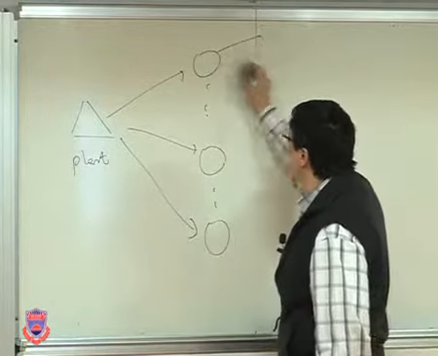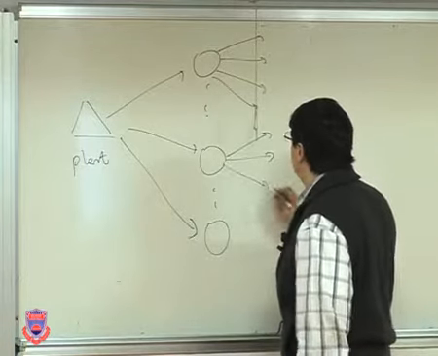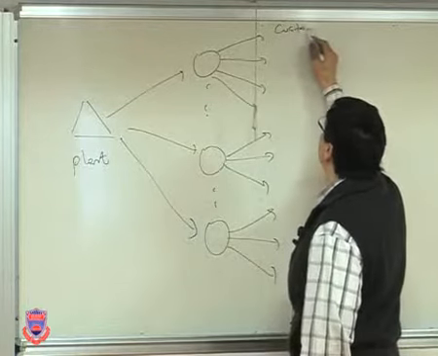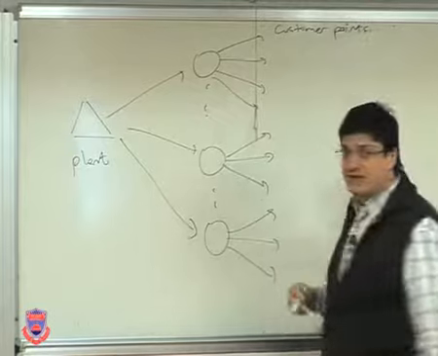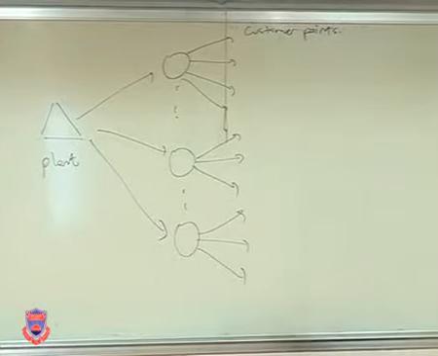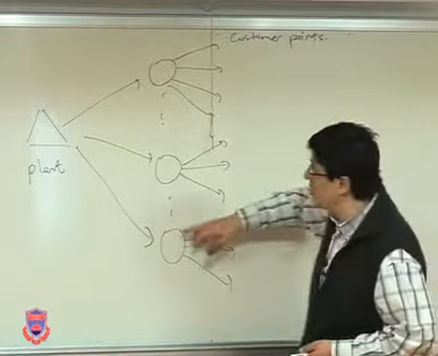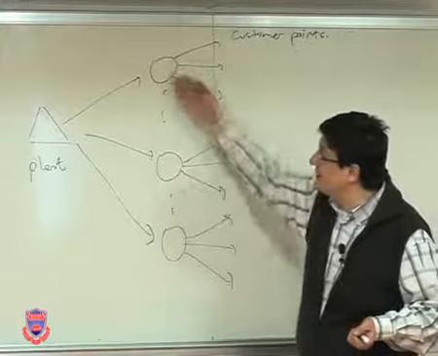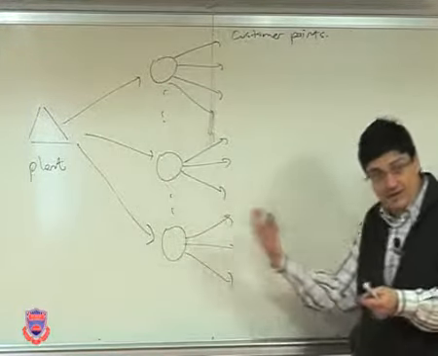Each DC has its own region. So here, what we have is customer points. But the question is, we don't know which customer point is going to be served by which DC, because that depends on the DCs that will be open. Let's say that this is the typical picture that we have at the end.